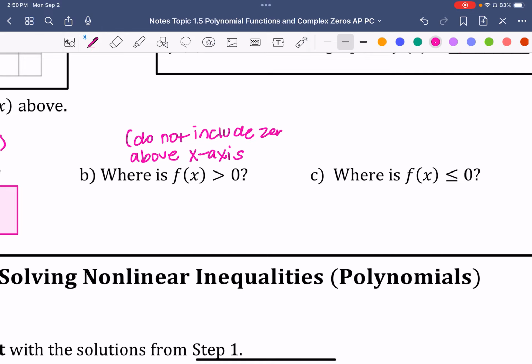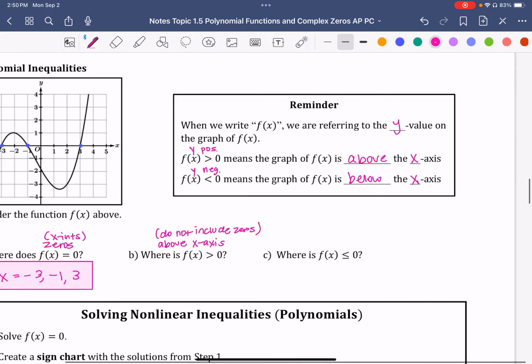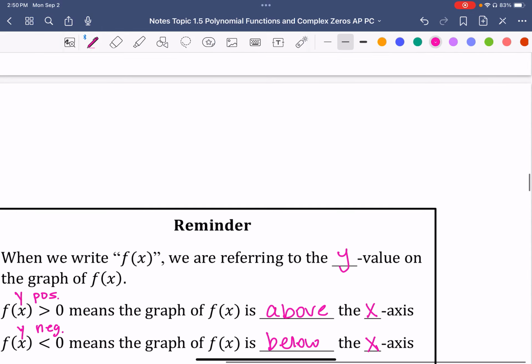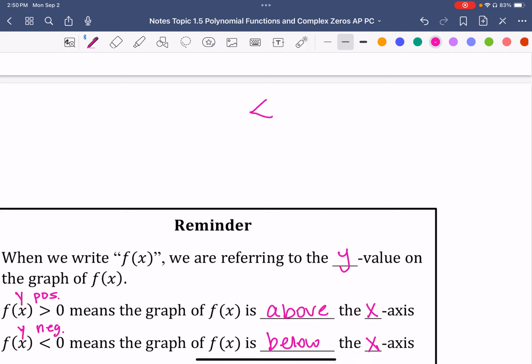Okay, so let me go over something really quick. When you have the inequality sign that's greater than or less than, when you write your intervals, you're going to use parentheses. When you have less than or equal to or greater than or equal to, you're going to use closed brackets.